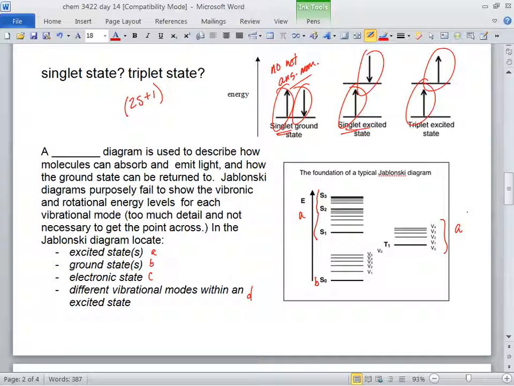UV-vis is definitely higher. We also had NMR that used radio waves. We haven't talked about it too much yet, but radio waves are even lower energy.